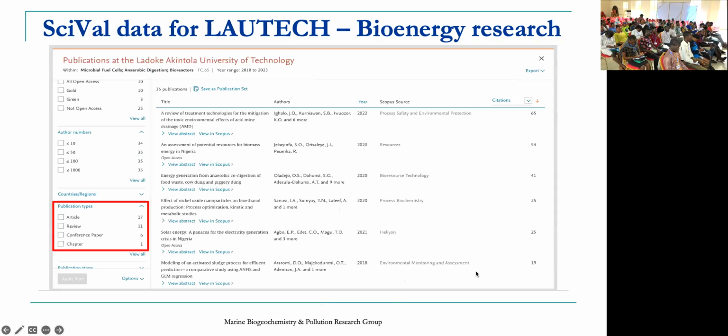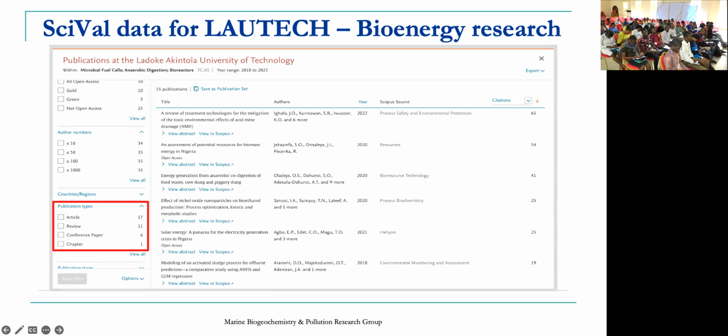Again, I tried to zoom down on the number of articles, the number, of course. I wanted to know how many papers are actually articles, whether the review papers and all of that.